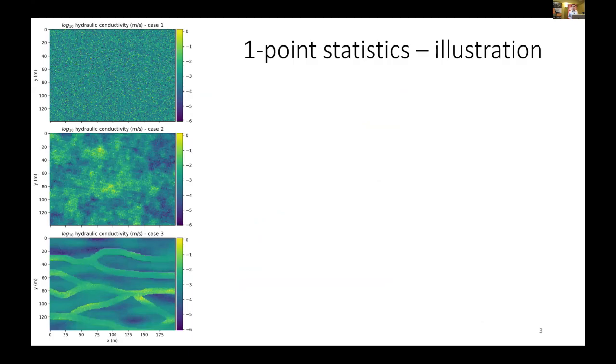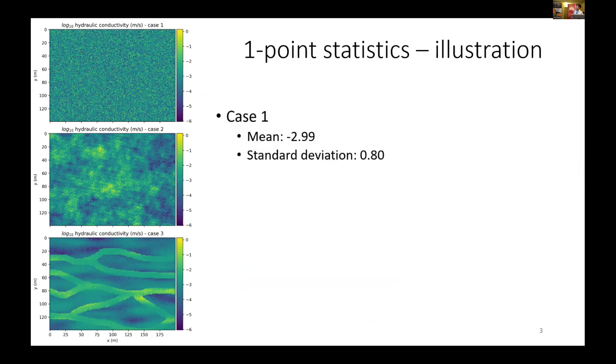So how can we differentiate quantitatively these different mediums? So we can start looking at 1-point statistics, which is basically looking at the moments. So it can be the mean property, it could be the standard deviation, could be some kind of percentiles, or we could also look at the distribution of the values.